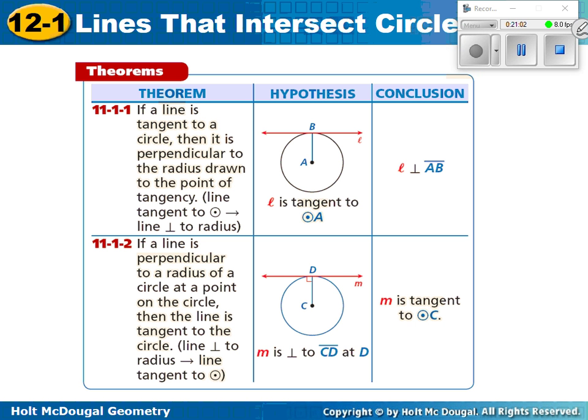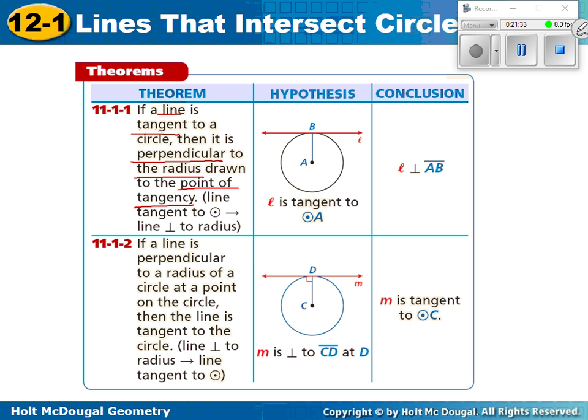If you have a tangent line, and that tangent line is perpendicular to the radius, it will occur at the point of tangency. So in other words, if you have a circle and you have a tangent line, if you draw a radius to that point of tangency, every single time it's going to create what?